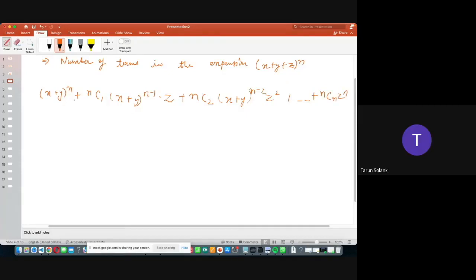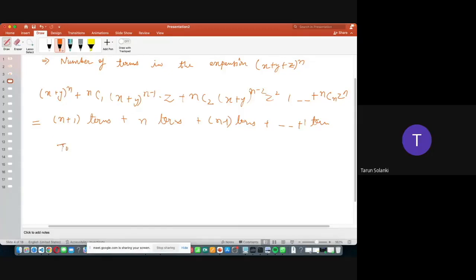Correct? So here what we observe: n + 1 terms, plus n terms, plus n - 1 terms, and so on, down to 1 term.